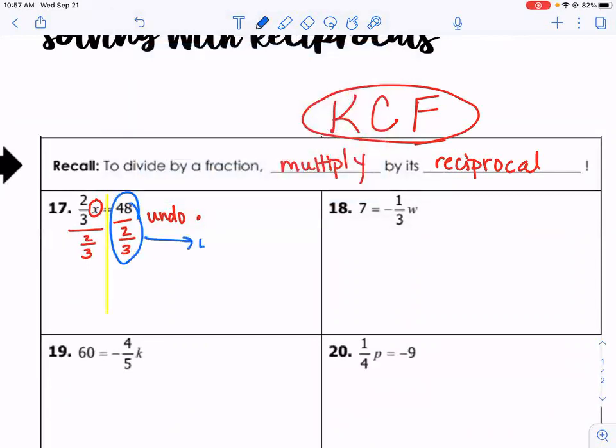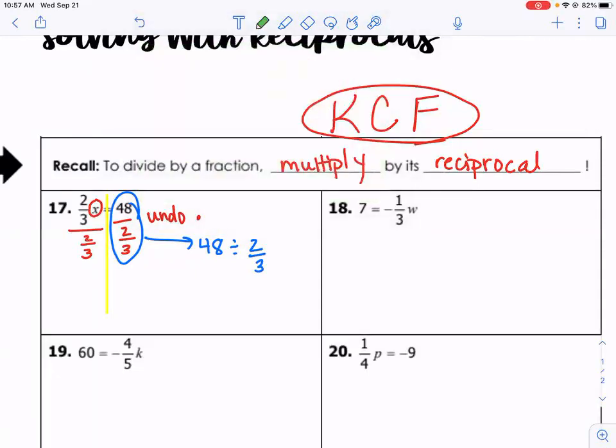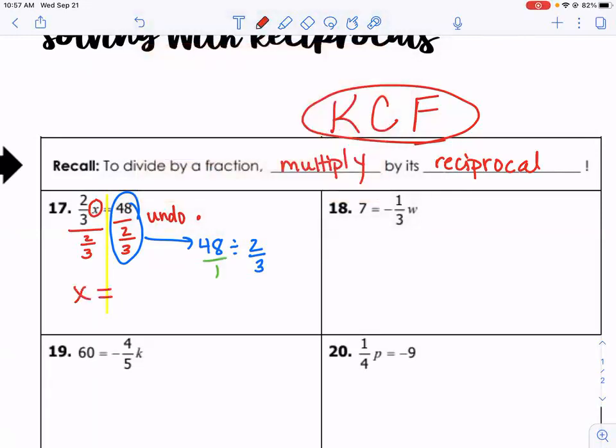If we are taking 48 divided by 2/3, I think it would be a good idea to put 48 over 1. So really what's happening is X equals 48 over 1 times 3/2. Dividing by 2/3 is the same thing as multiplying by 3/2.